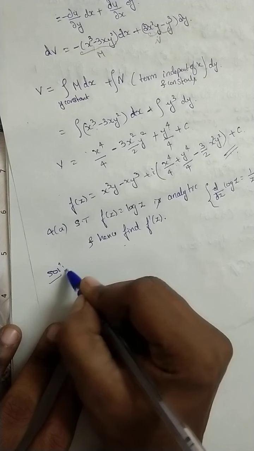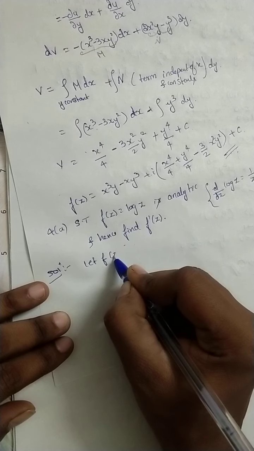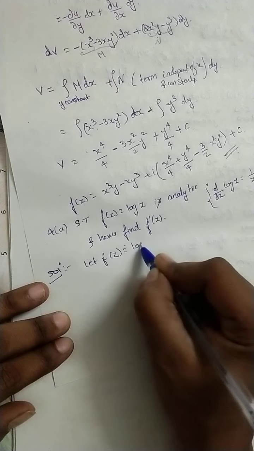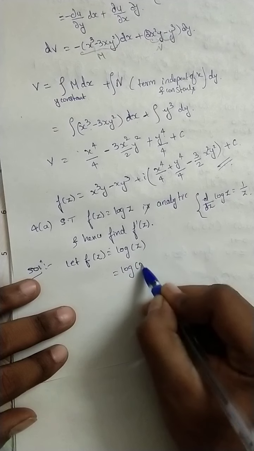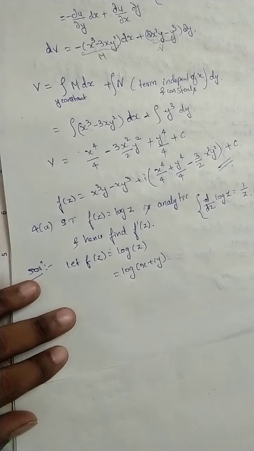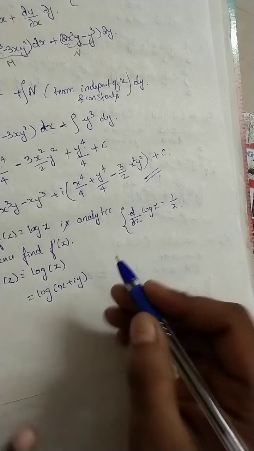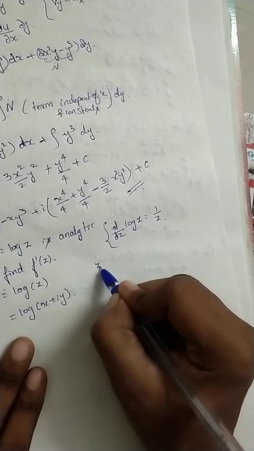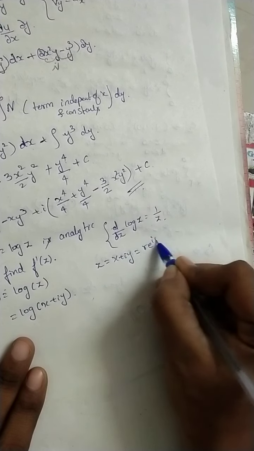So consider, let f of z is equals to log z. Now we know z is equals to x plus iy, which is equals to r e power i theta. Okay.